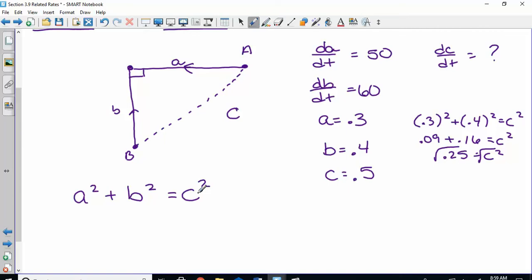When we do that, what do we have to do? So what would be the derivative of A squared? 2A dA dt.